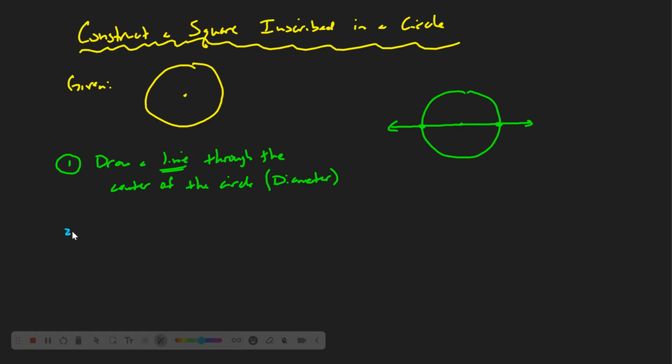Okay, so the second step is now we're going to construct the perpendicular bisector of the diameter.